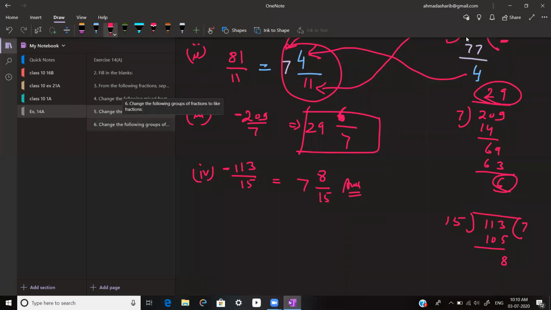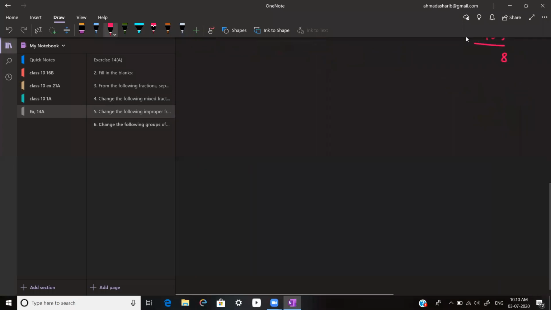Very good. Now do this question. I'm giving one more question. Do this question right now. The question is, you have to change this improper fraction into a mixed fraction. 25 upon 3.